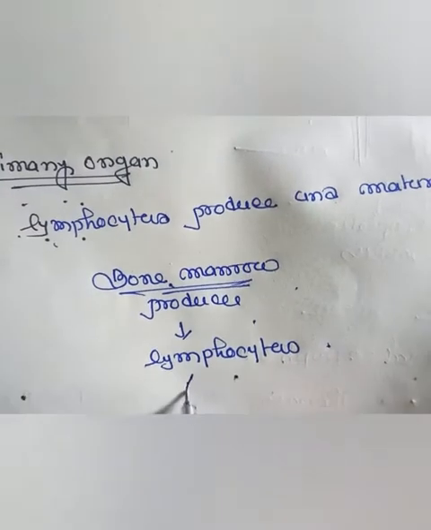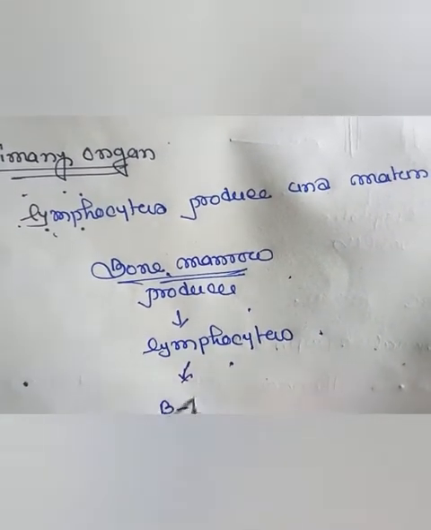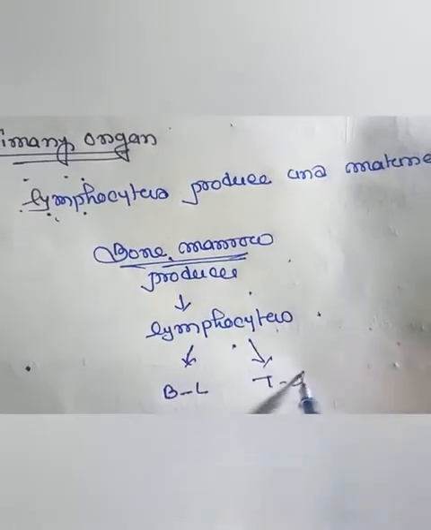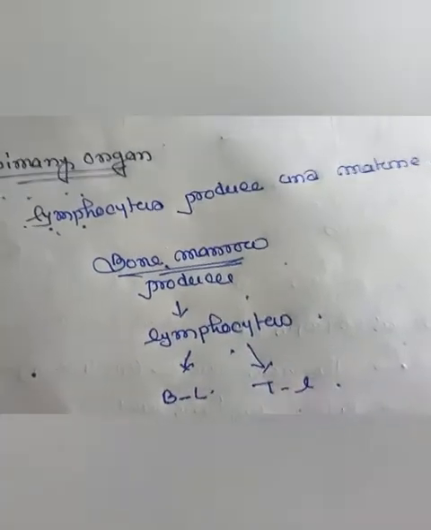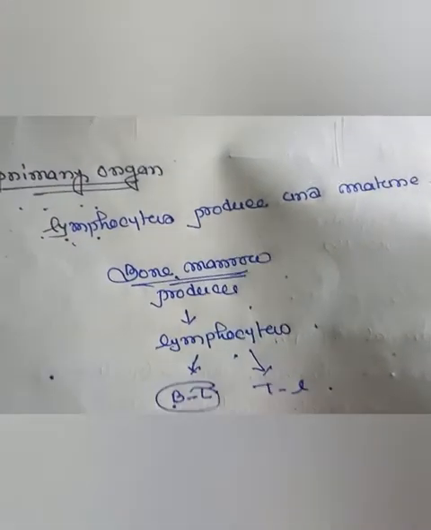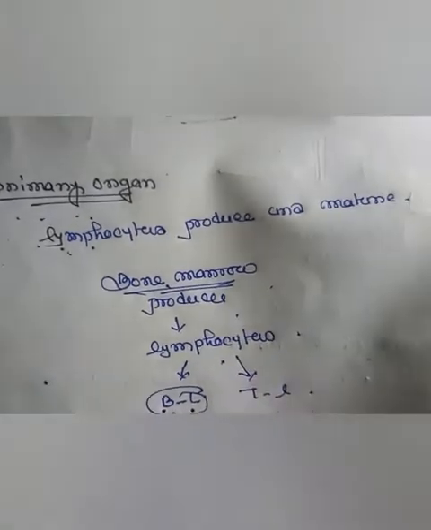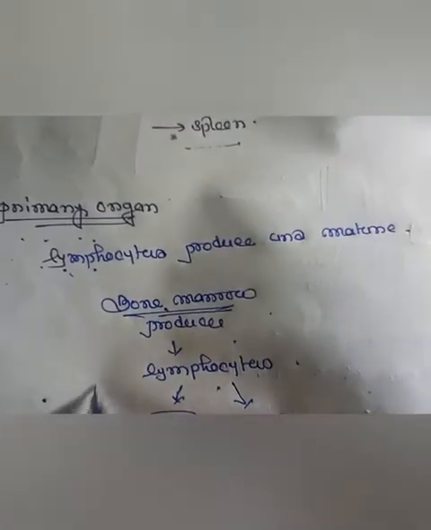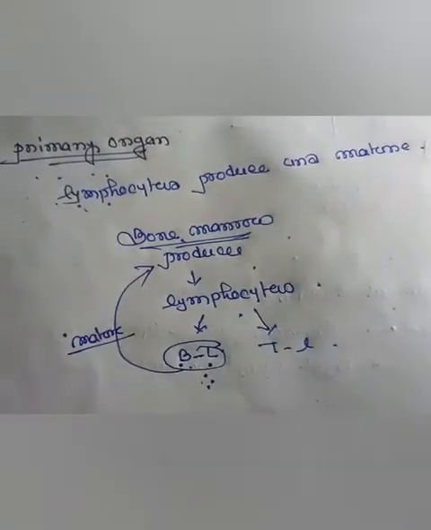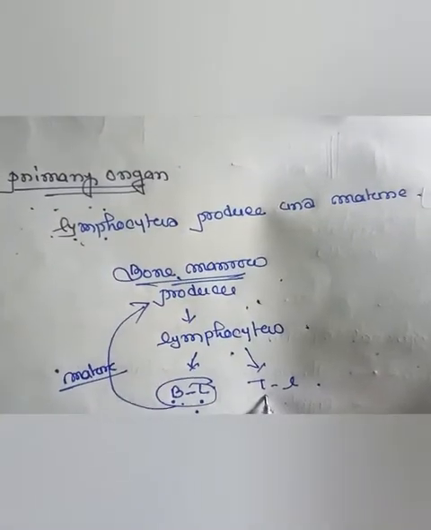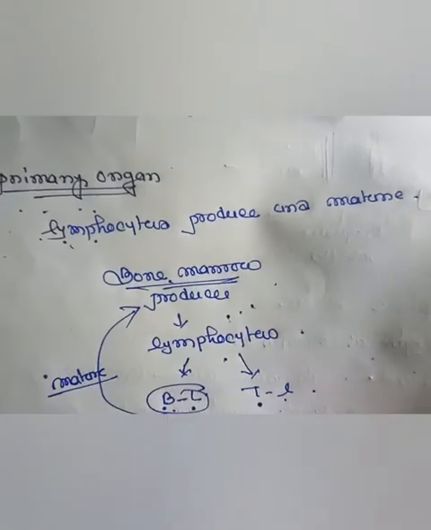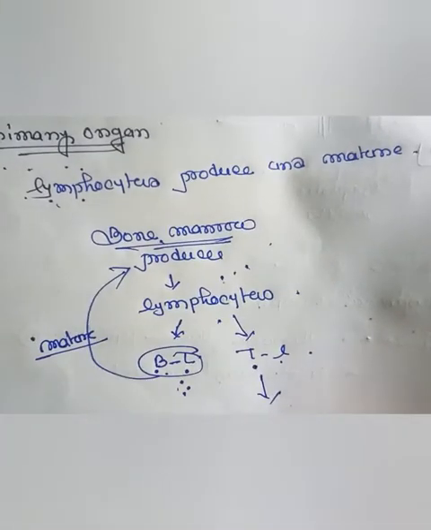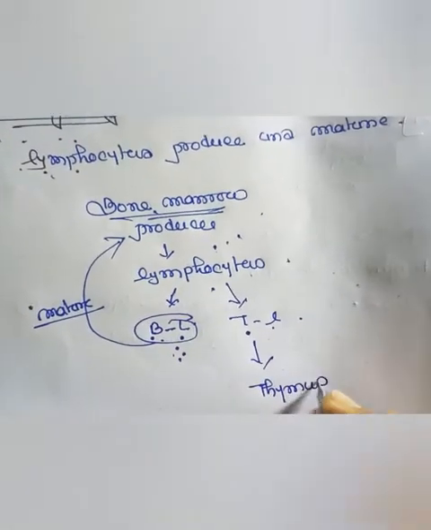Lymphocytes are of two types, B lymphocytes and T lymphocytes. B is for bone marrow, so B lymphocytes are produced and also mature in the bone marrow. But T lymphocytes are produced in the bone marrow and mature in the thymus.